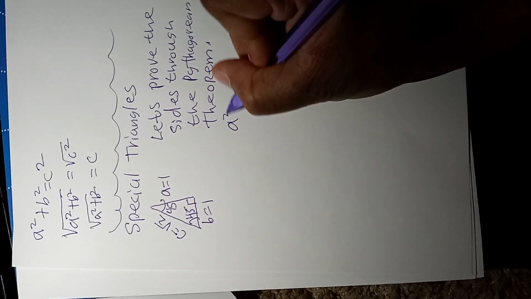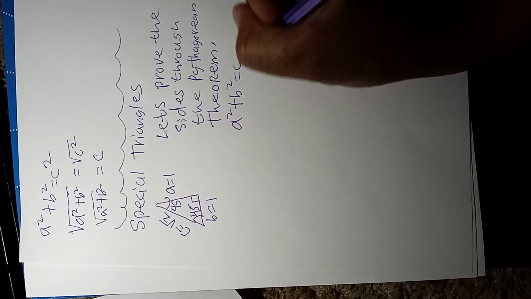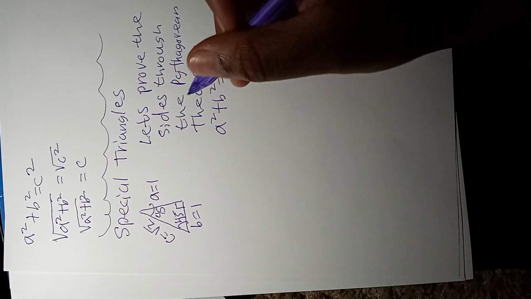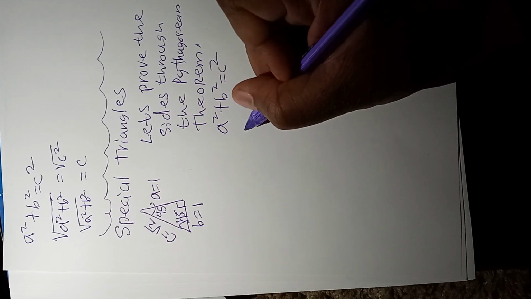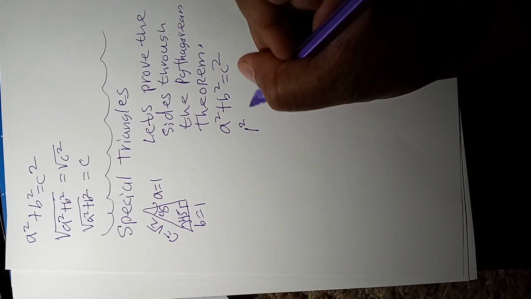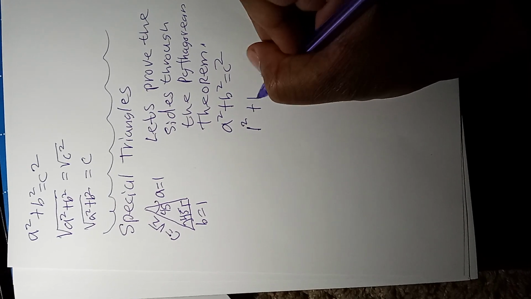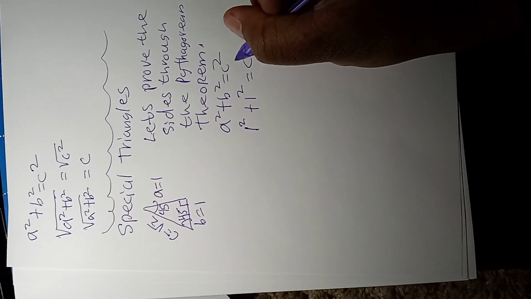So a squared plus b squared is equal to c squared. So we know a is 1, so 1 squared, and b is 1. So 1 squared is equal to c squared.